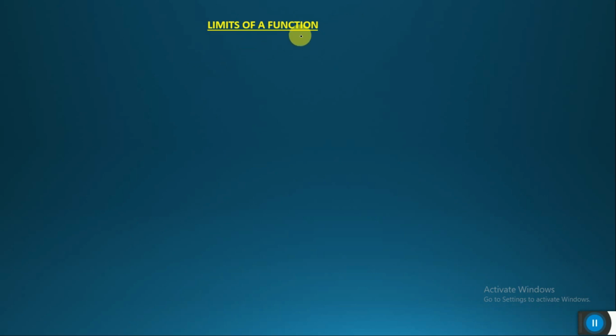So limit of a function. What do you mean by limit of a function? If I say that limit of a function is 2, what do you understand by this? Let's see.